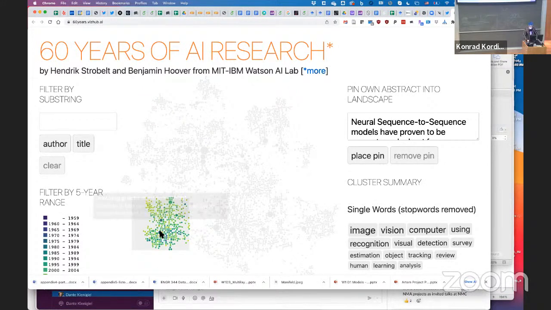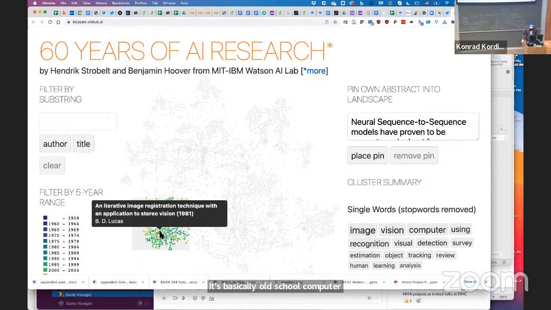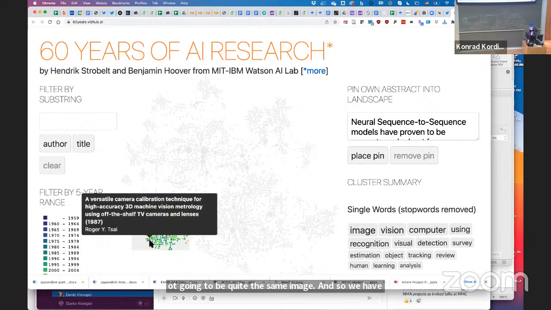It's basically old school computer vision. An iterative image registration technique with an application to stereo vision. It's cool, no? If I want to see how fast something is, I need to take what my right eye sees and what my left eye sees, and make sure that I can see how they align. It's a little bit difficult because it's not going to be quite the same image. And so we have those techniques for that.